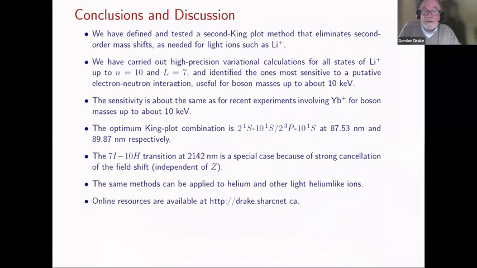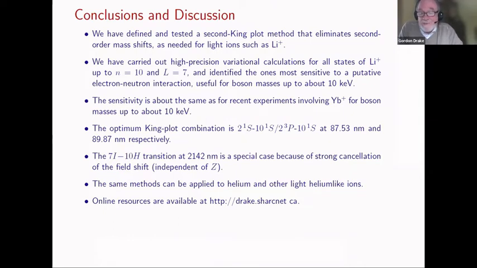So in conclusion, we've defined and tested a second King plot that eliminates second order mass shifts as needed for light ions such as lithium plus, but of course the method can be applied to any sequence. They don't have to be light, but what is new is that you can do King plots for light nuclei. We've carried out high precision calculations for all states up to n equals 10, L equals 7 to identify the ones most sensitive.